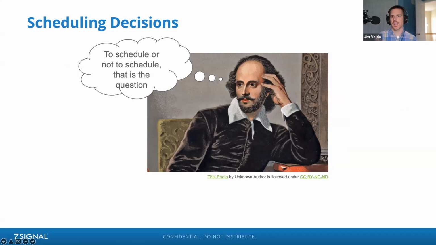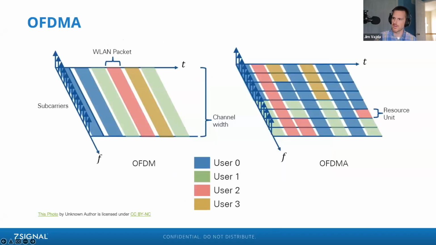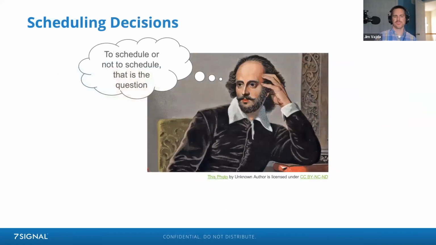We can still use EDCA for distributed channel access, and one client or AP can transmit at a time. We call that single user mode, right? So OFDMA is multi-user mode, or when scheduling occurs, and single user mode is when we're just going back to the distributed random access where one station wins the channel at a time.